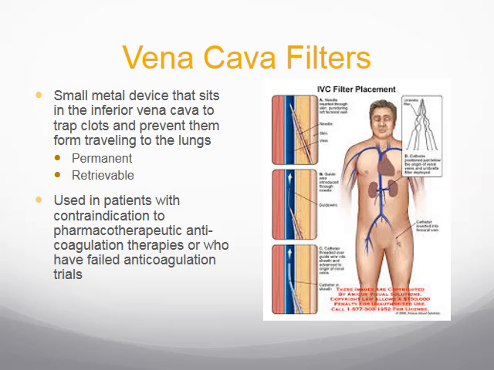Pregnancy is kind of an iffy category because both low molecular weight heparin and unfractionated heparin are safe in pregnant patients, so that really varies from patient to patient. And so vena cava filters aren't commonly used. They're not recommended for our critically ill patients unless needed on a very dire basis.